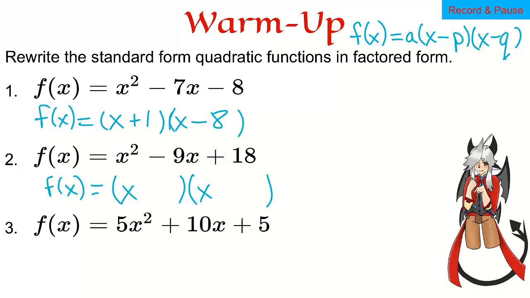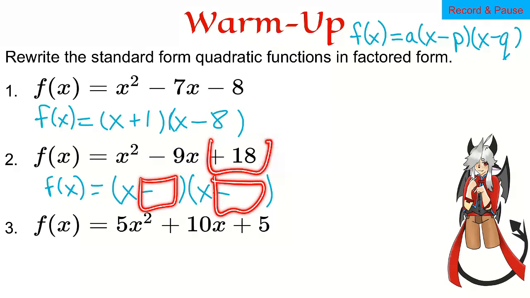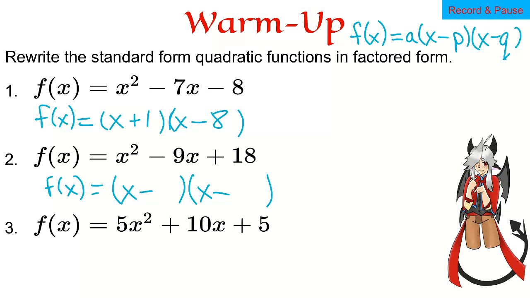Well, that could be positive, positive, but then that would mean this was positive. So it has to be negative, negative. So I'm adding these two together and getting a negative, and multiplying these two together and getting a positive. So now I say, all right, well, what times what is positive 18 and adds to negative 9? Well, negative 6 and a negative 3 is what works there.